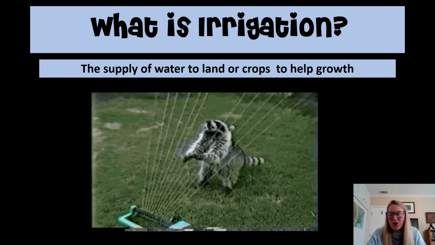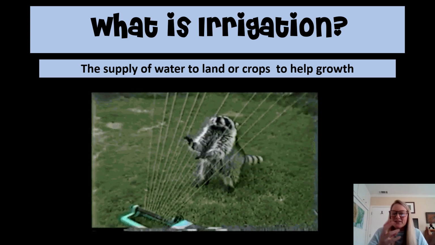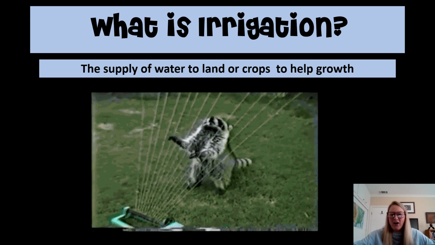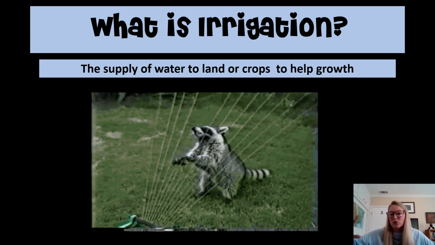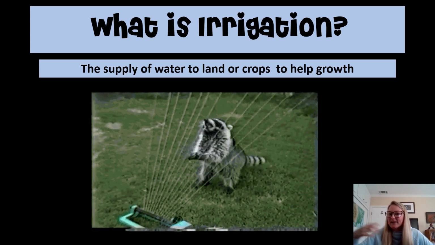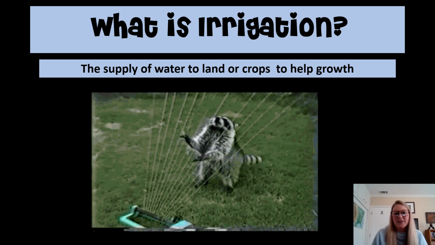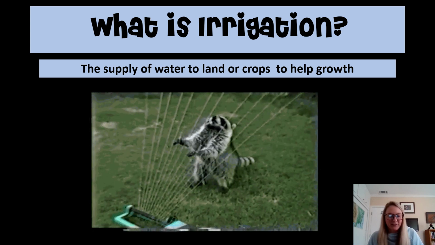In case you don't know what irrigation is, it's pretty much the process of taking water and putting it on our lands or our agricultural crops to help promote the growth of plants. Like all organisms, plants are composed of cells, and those cells require water in order to live.